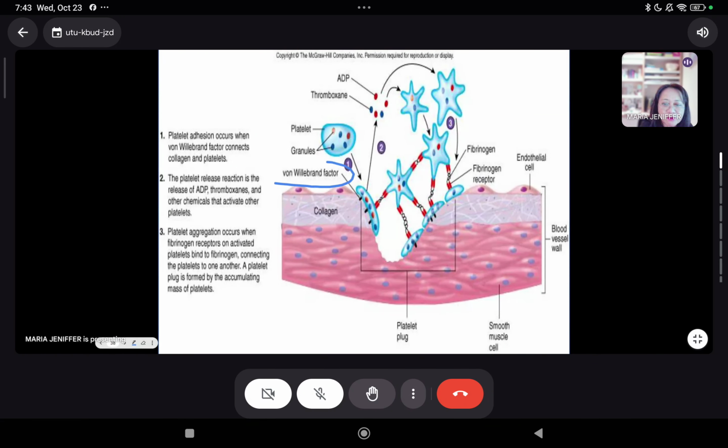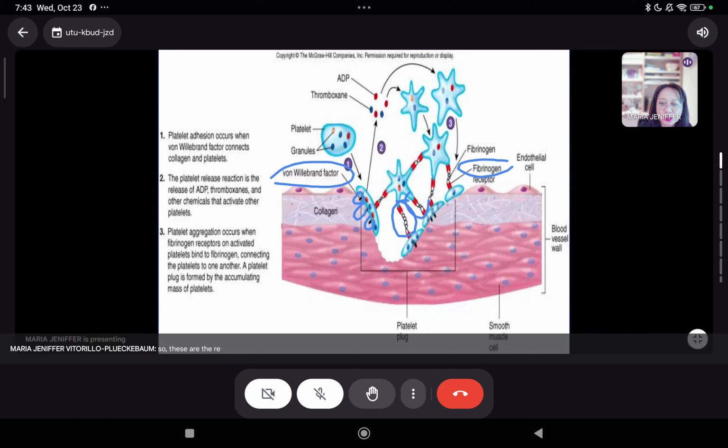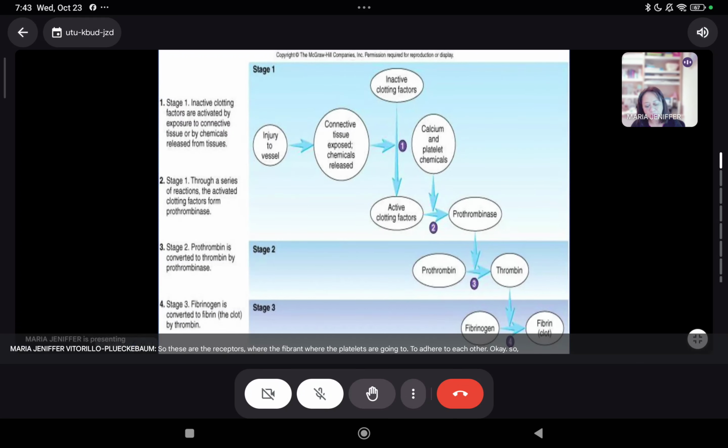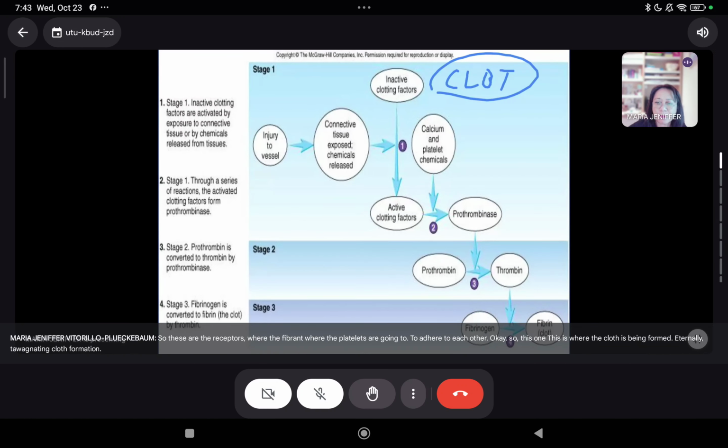Remember the von Willebrand factor, you have there the receptors where the platelets are going to adhere to each other. This is where the clot is being formed. Ito na yung tinatawag nating clot formation.